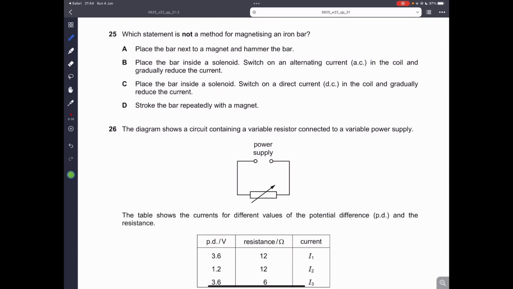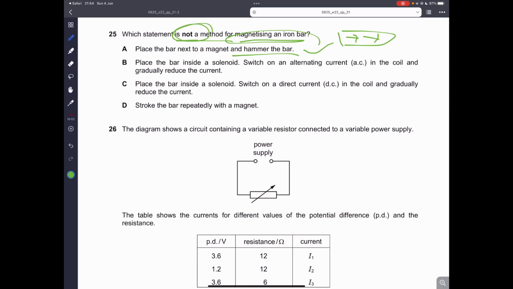25. Which is not a method for magnetizing an iron bar? So let's look at option A. Place the bar next to a magnet and hammer it. This is a method of magnetizing an iron bar because it makes the domains of the magnet be in one position, to be uniform, and therefore this is a magnetizing way.